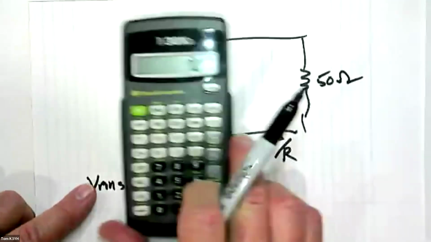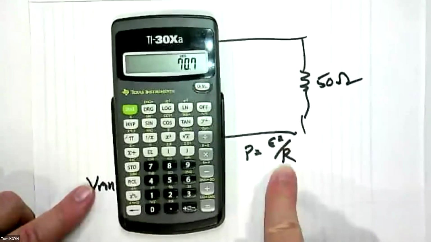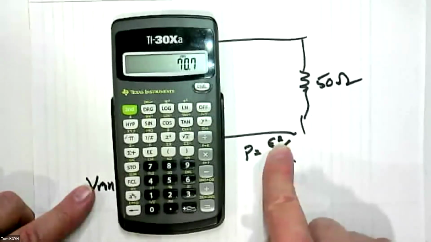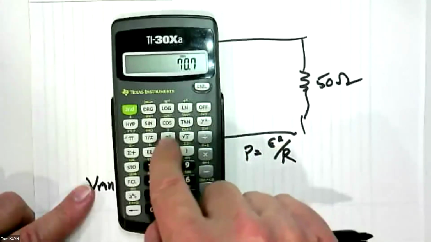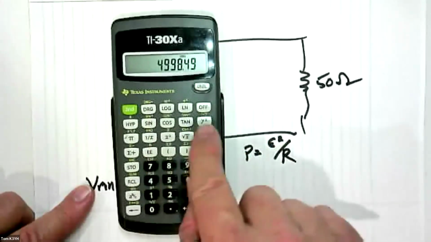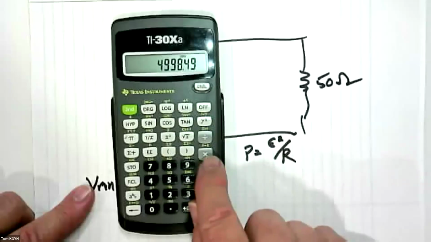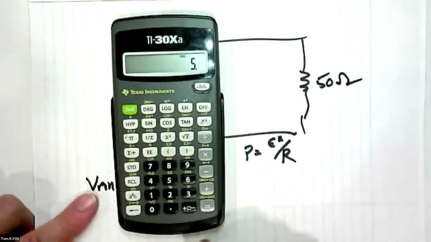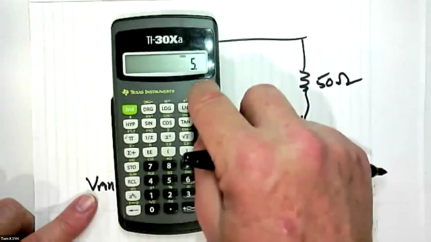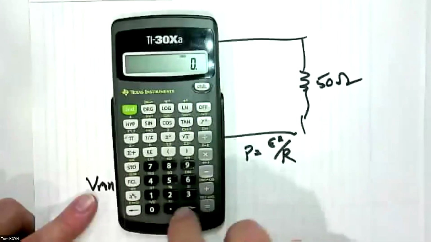Now I'm going to go to this equation: power equals E squared over R. I've got the right voltage now, the RMS. So I square it with the X squared button and divide it by 50. I did the wrong thing. Let me start over.